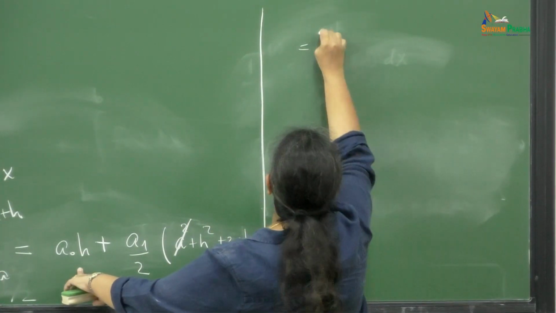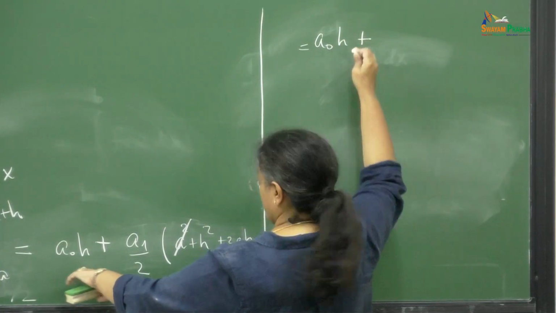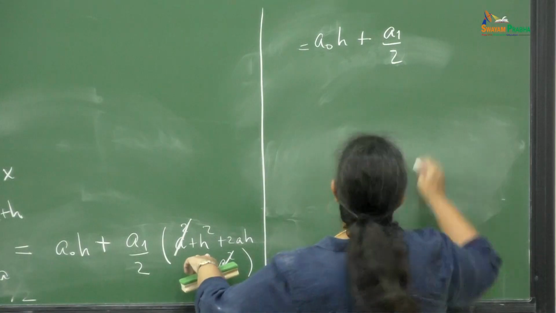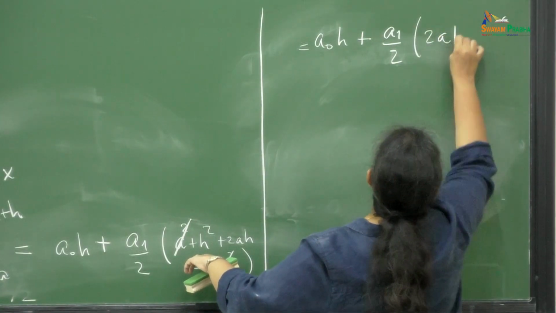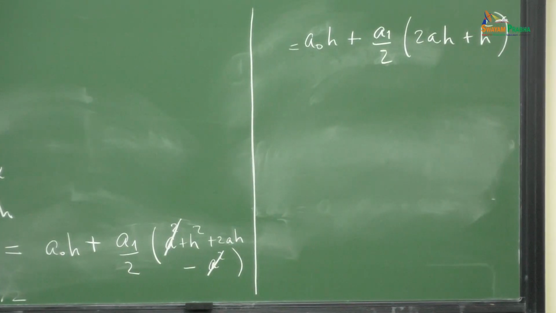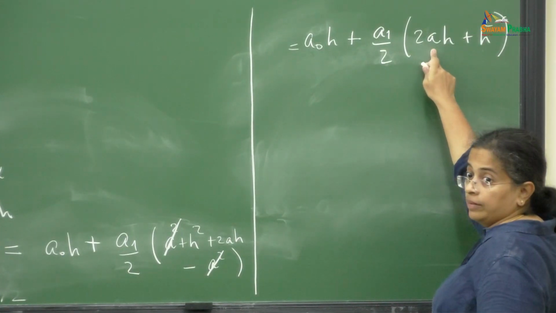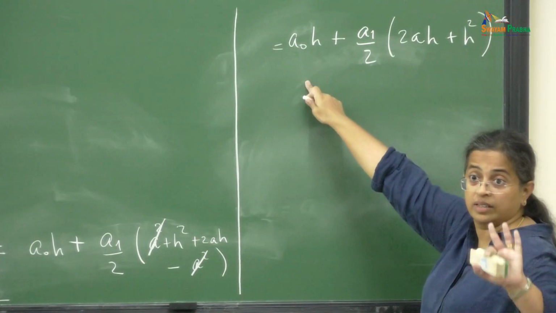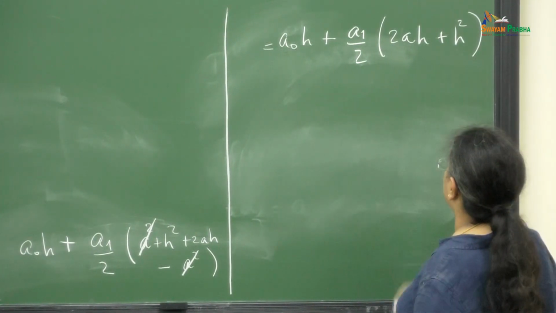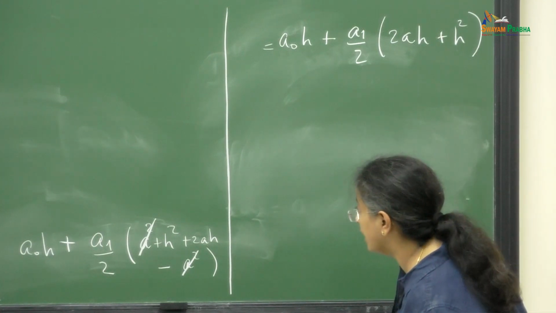This will be a0h plus a1 by 2, 2ah plus h square. Okay? All right. a is the endpoint, and a0 and a1 are the things I need the values of. So this is what I have.